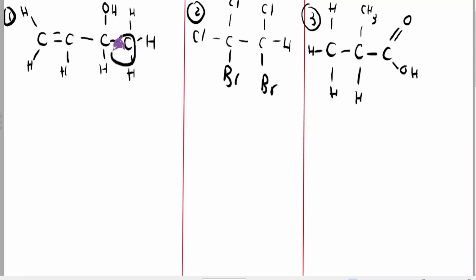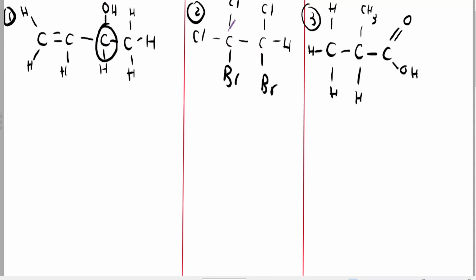And this one can also not be a chiral carbon because it has 3 identical groups bonded to it. So the only carbon left is this one right here. So this carbon is bonded to an alcohol, an alkyl group, a hydrogen, and this big group right here. So yeah, this is a chiral carbon.